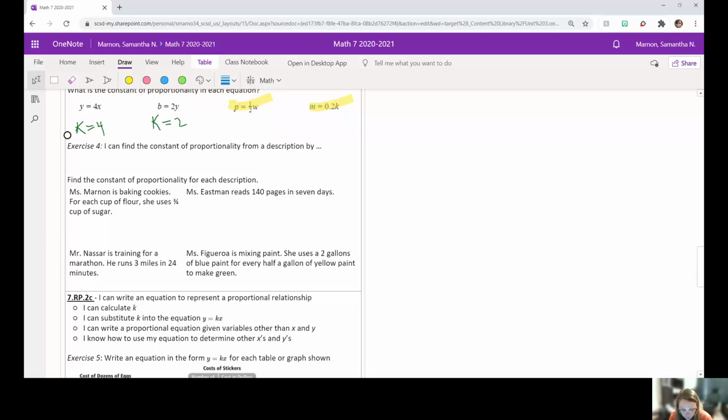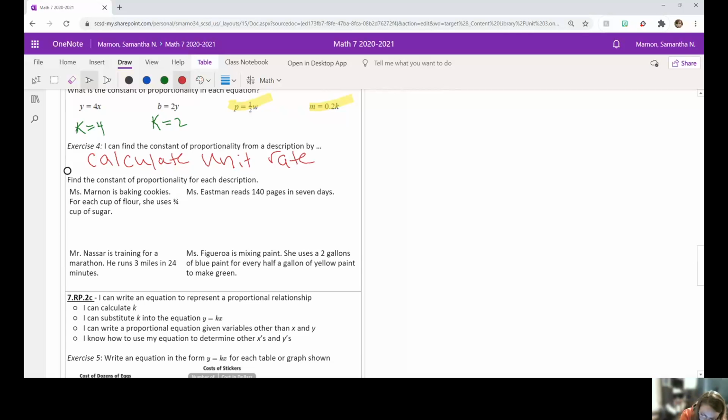Okay, exercise 4, I can find the constant of proportionality from a description by. This is just going to be calculating the unit rate, like if you were doing a unit rate problem. So I'm just going to write calculate unit rate. So Miss Marnon is baking cookies.